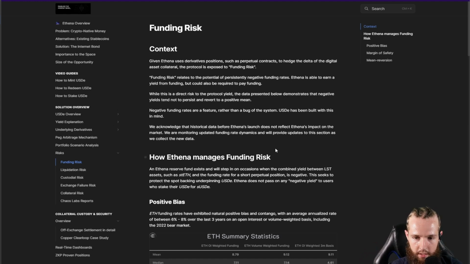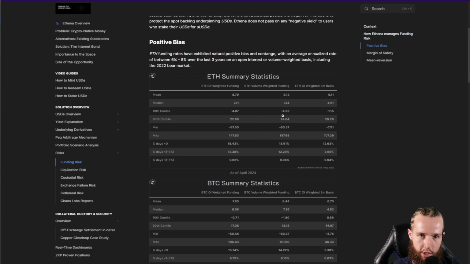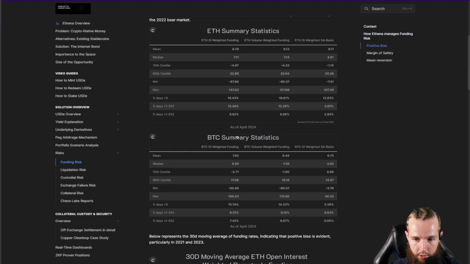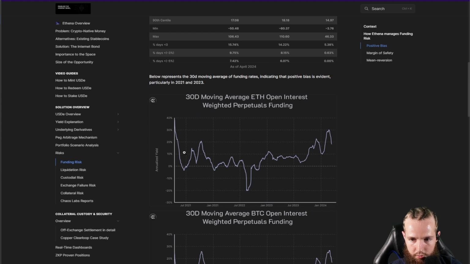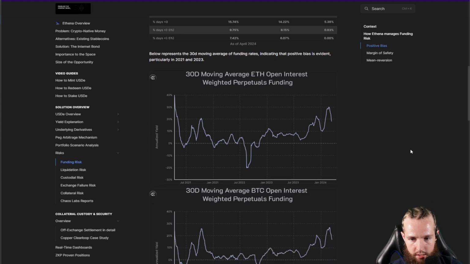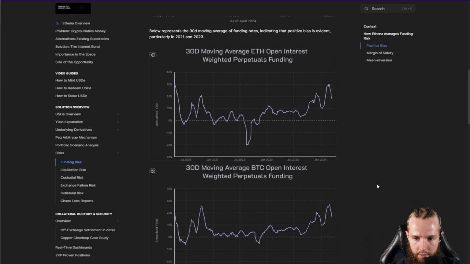What Ethena does essentially is use the derivatives markets for Ethereum as well as Bitcoin. Apparently Bitcoin is a new update. If you see this chart here, this represents the open interest in the perpetuals markets for both Bitcoin as well as Ethereum, going all the way back to July of 2021.